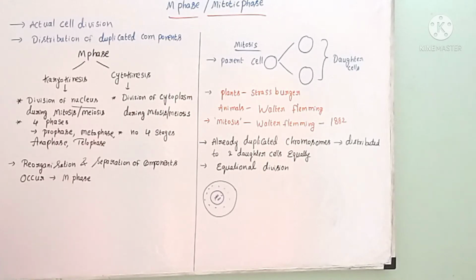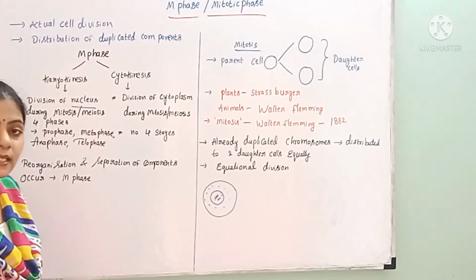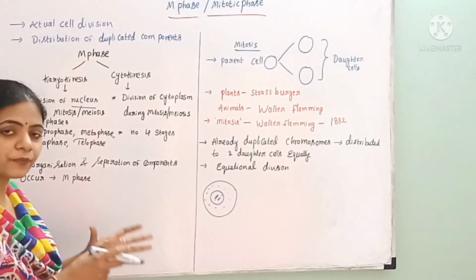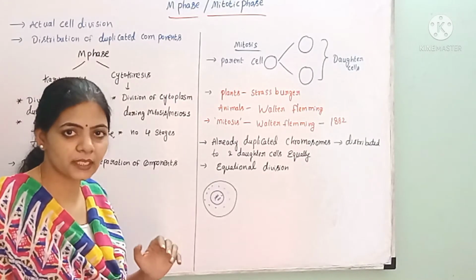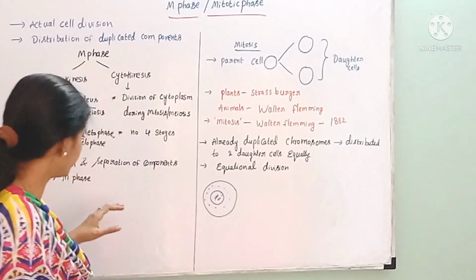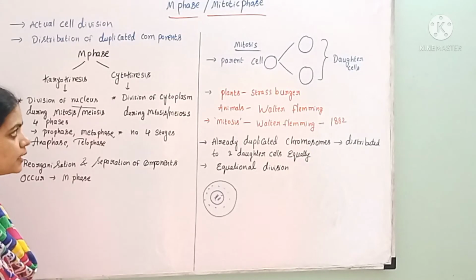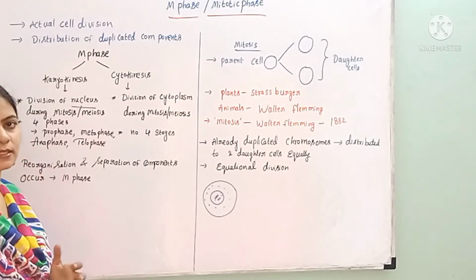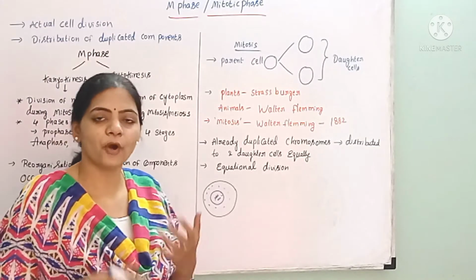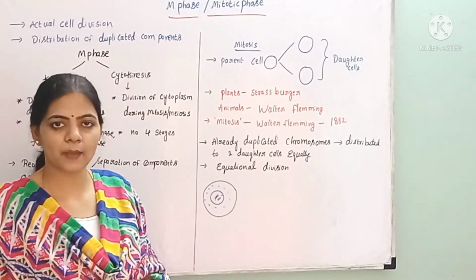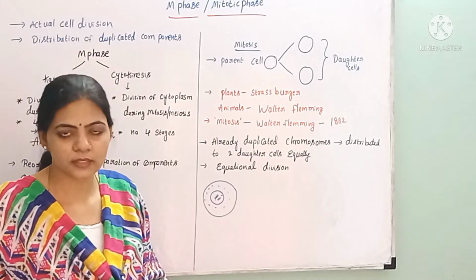And here, the reorganization and separation of the components occurs in this M phase. Whatever components were prepared in the interphase get equally distributed, separated into the two daughter cells in the M phase. Depending upon the type of the cells, sometimes the body cells may undergo cell division, sometimes the sex cells or gametes may enter into cell division.